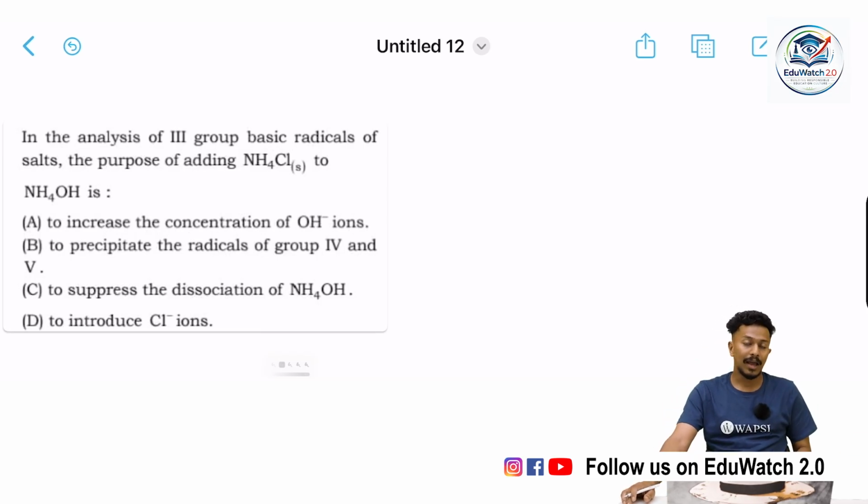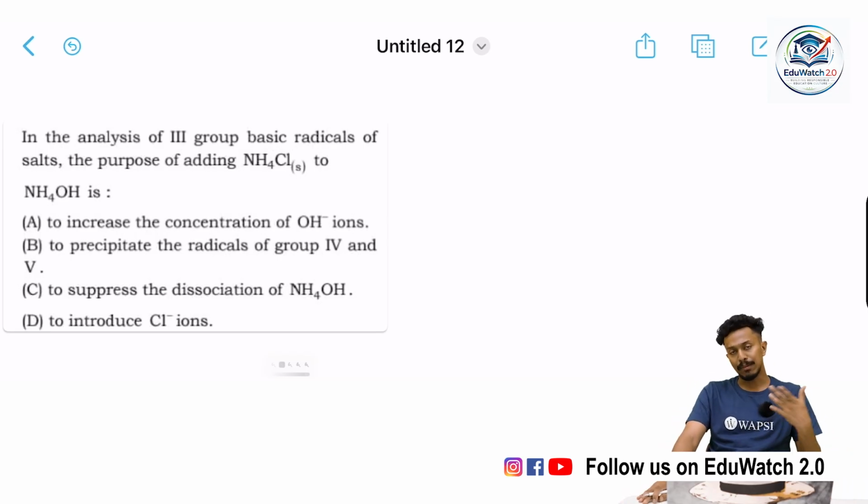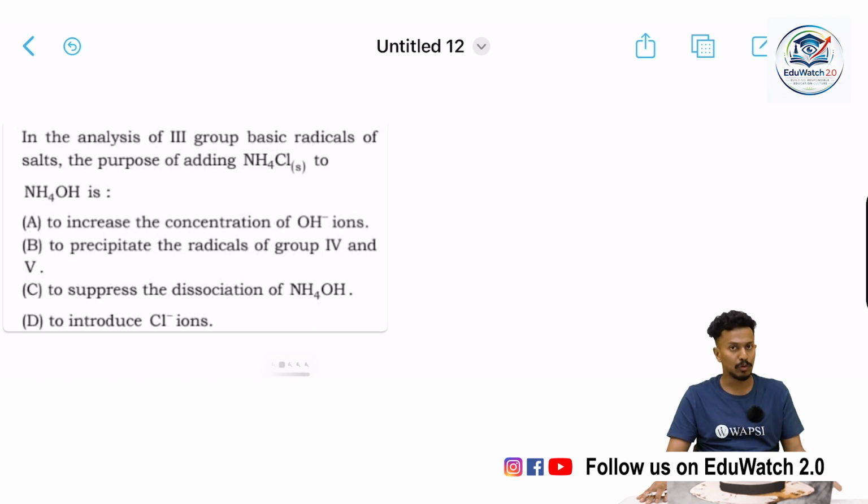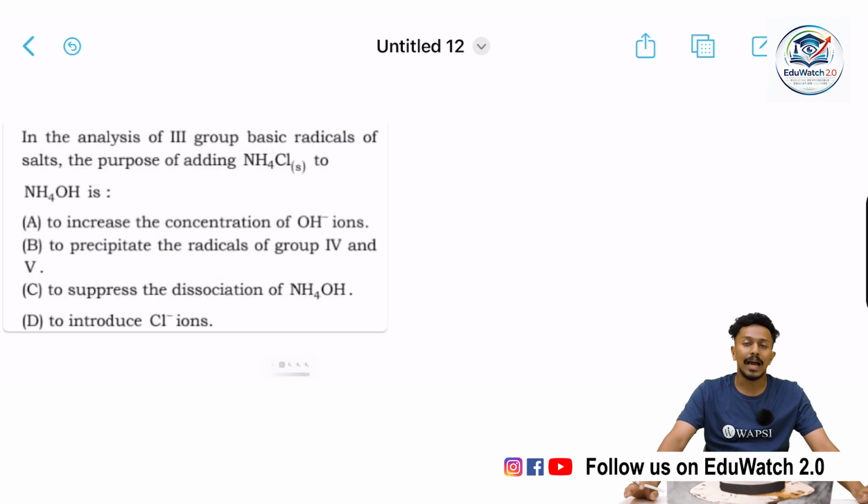Have you ever heard about the concept of the common ion effect? Common ion effect is nothing but certain salts containing the same ions as the solute in the solution being introduced to suppress the dissociation of that solute. Such an effect is called the common ion effect. In the same way, we introduce NH4Cl to suppress the concentration of NH4 plus ions.